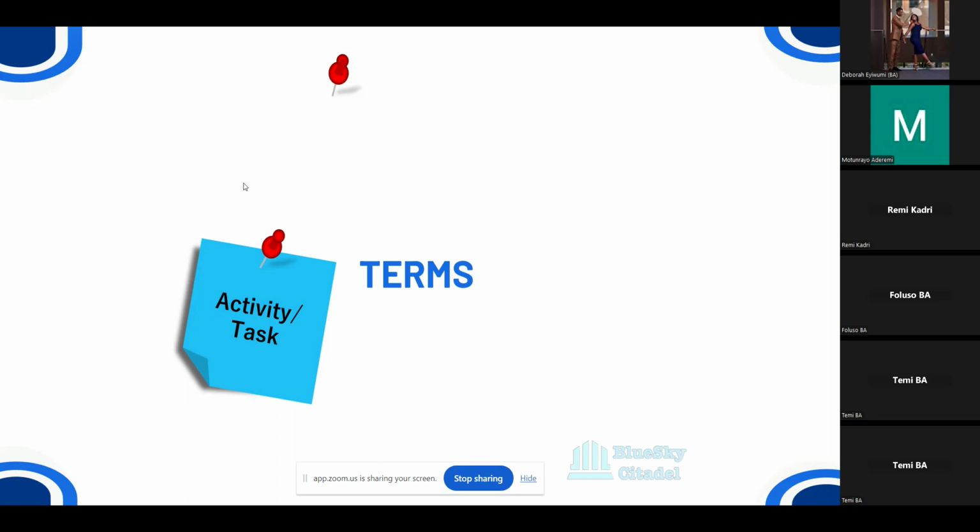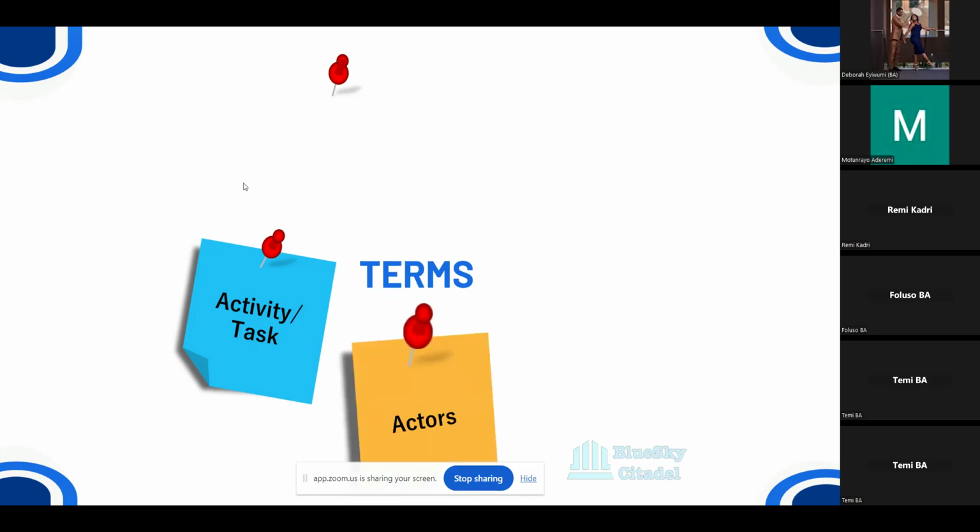Again, I've been using activity and task. That's the most granular step. So what is the task or activity that is done within this business process? Remember, a process is a series of tasks and activities. So what is the particular thing that is done?